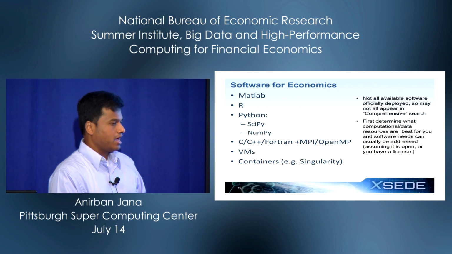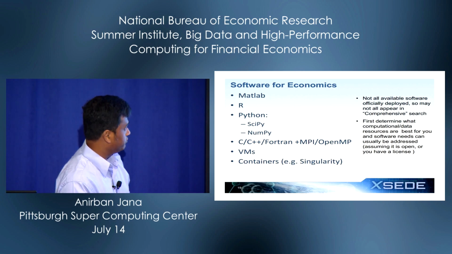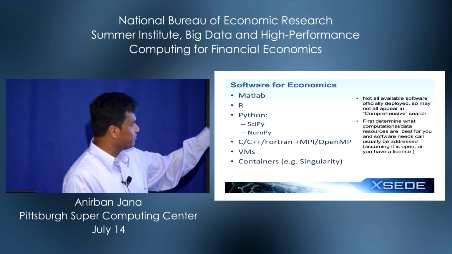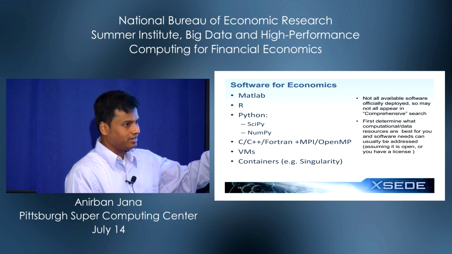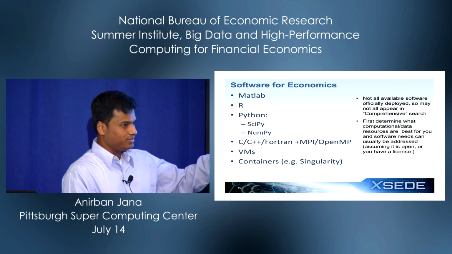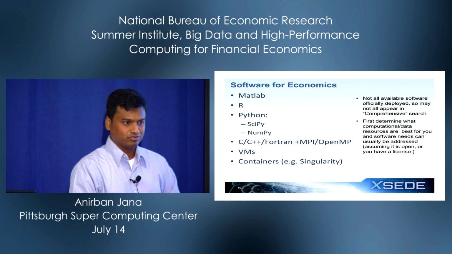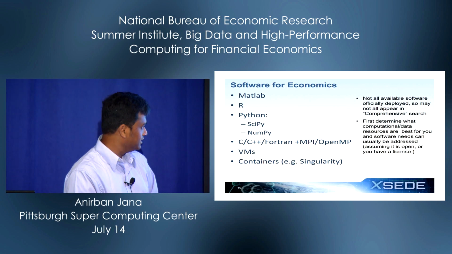They are now available on all the different resources. If you're a little bit more adventurous, you might get up to C, C++, Fortran, together with MPI and OpenMP, as you've mentioned. Those have always been there, of course.